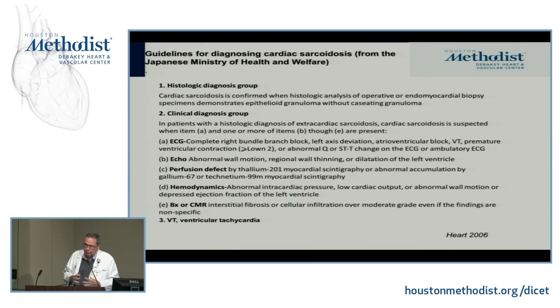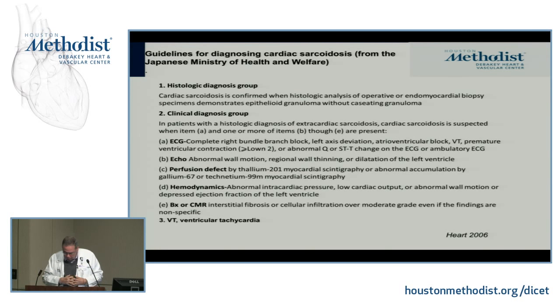They can have perfusion abnormalities by nuclear. So imagine, patient comes in, you're thinking coronary disease, you do a nuke, oh, it's positive, you end up cathing, coronaries are normal. And they can have, of course, abnormal hemodynamics based on how severe the stage of the disease is.